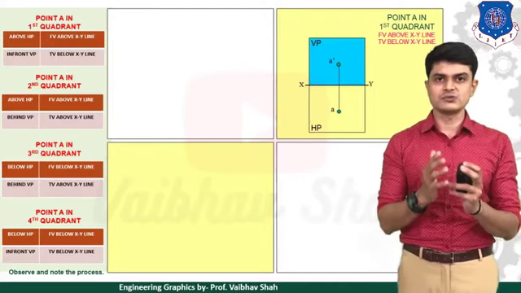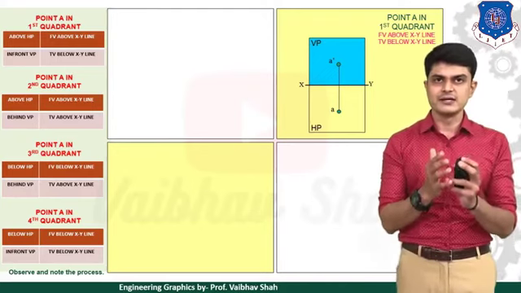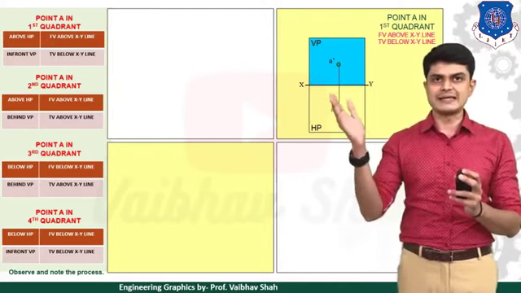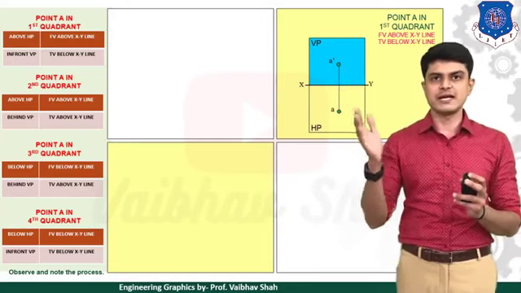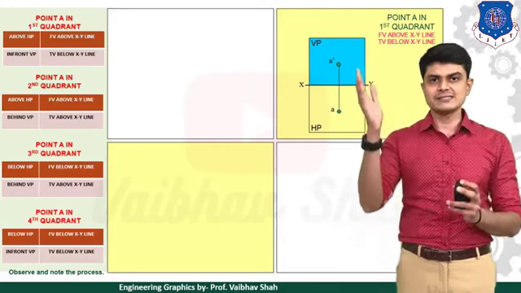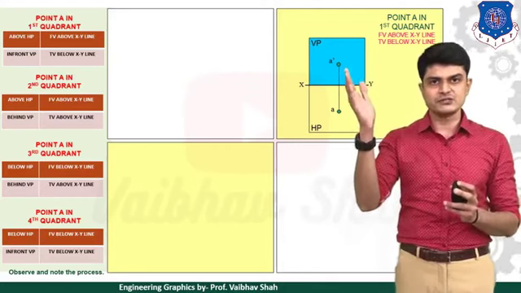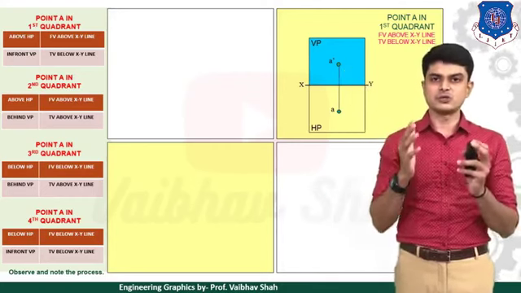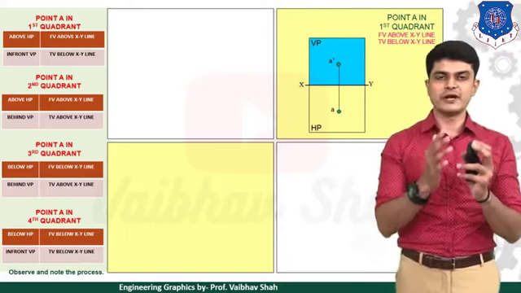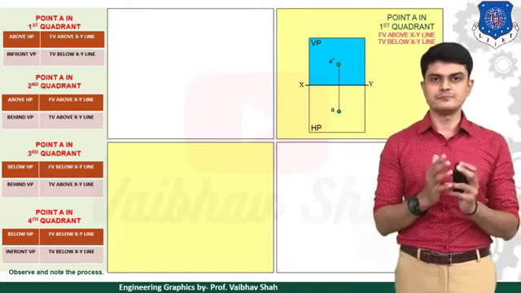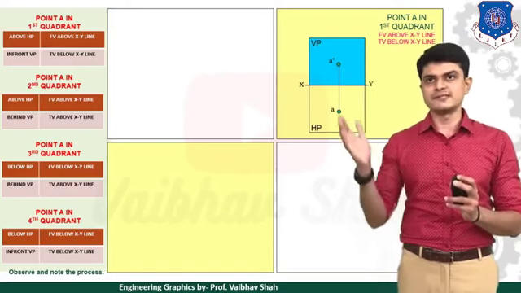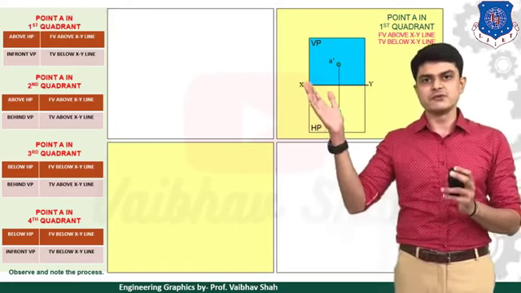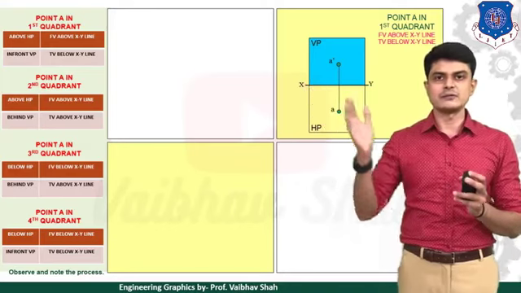So now the answer is, whenever your point is in first quadrant, you need to draw one XY line, and above the XY line you need to show your A dash, and below the XY line you need to show your A. A dash is your front view or elevation, and A is your top view or plan of the point. Very easy. Now, what you need to remember? Always remember, whenever your point is above HP, your answer would be the front view above the XY line.